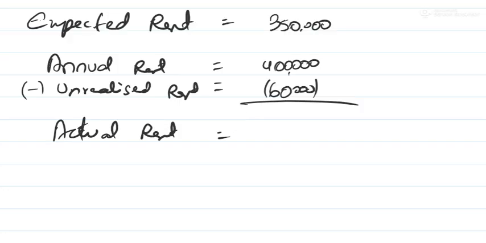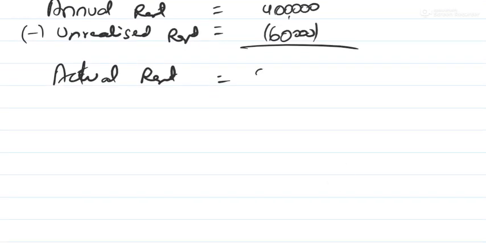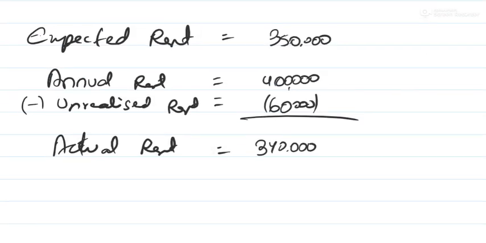So expected rent 3,50,000, annual rent 4 lakh and unrealized rent 60,000. So my actual rent will come to 3,40,000. Right? Now, what we used to do, we used to compare expected rent and actual rent, and whichever was higher was my gross annual value.